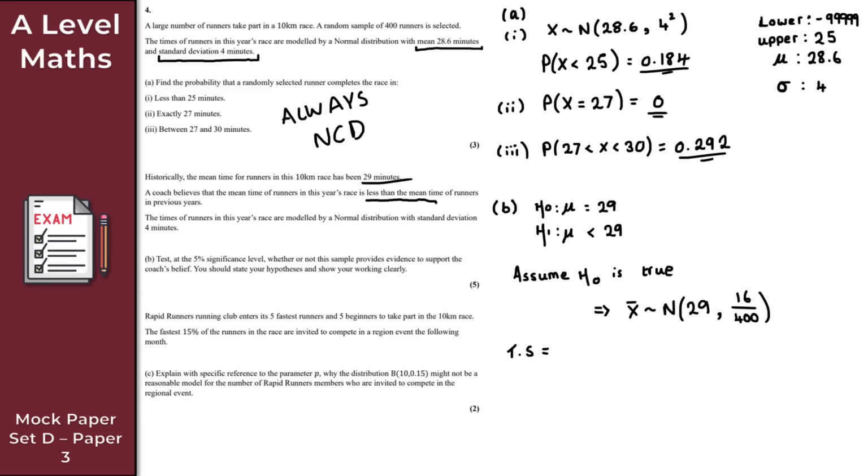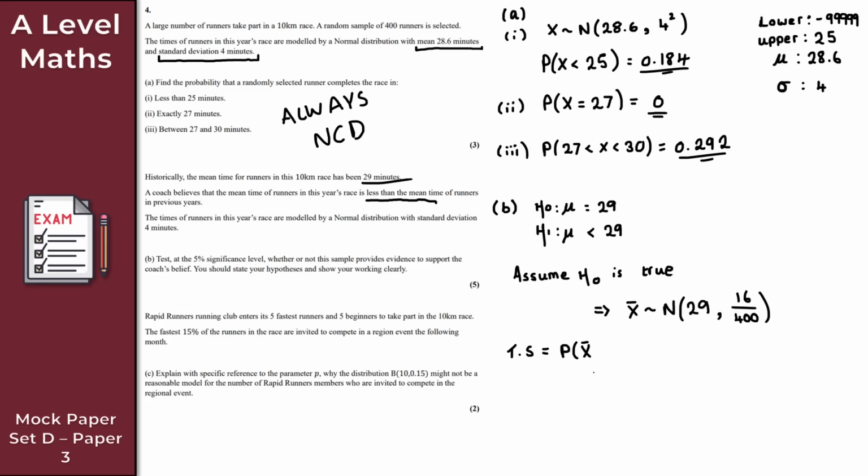So what I know here, and this kind of comes from the previous part of the question, so just be careful. You do sometimes need to dip back into the previous part of the question here. What we're told then is the times of runners in this year's race are modeled by a normal distribution with this here as the mean, so 28.6, right? So that's my evidence here. So we're testing the evidence, right? So this here then is the probability that X bar.